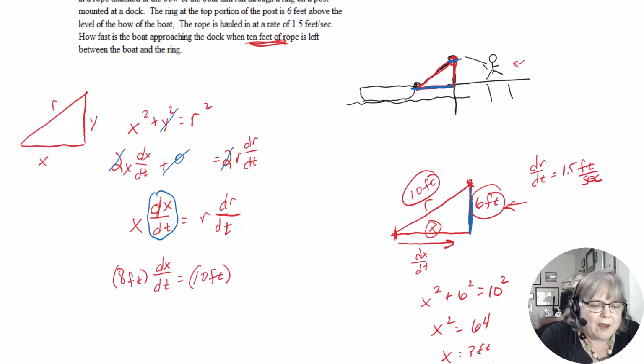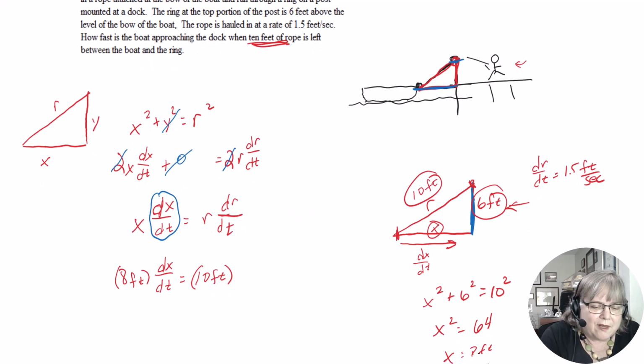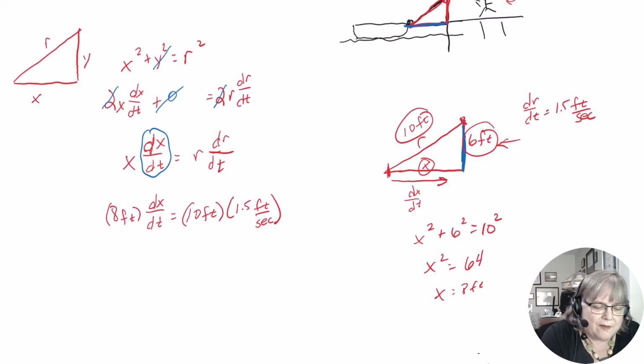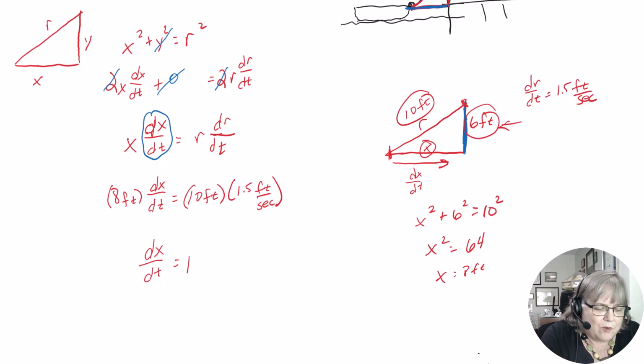Okay. And the boat is being hauled in at a rate of 1.5 feet per second, right? So when you solve for dx/dt, you get 1.875 feet per second.